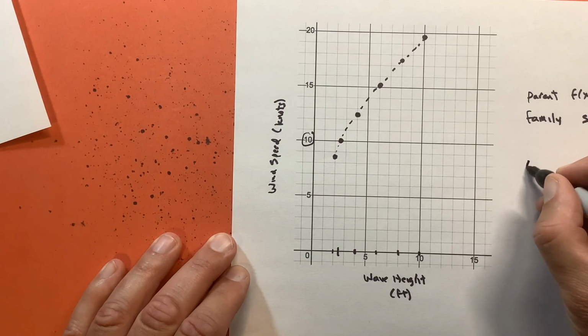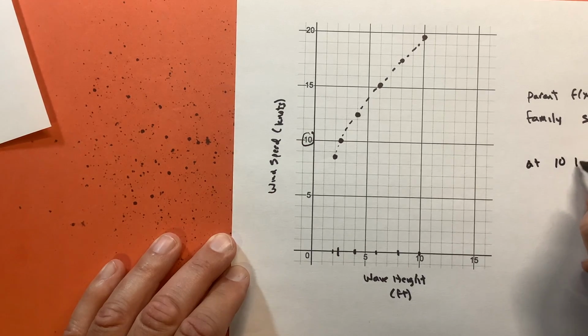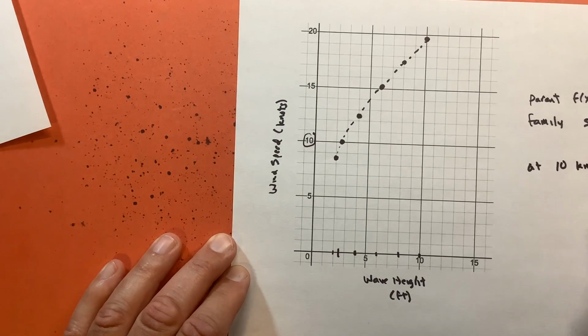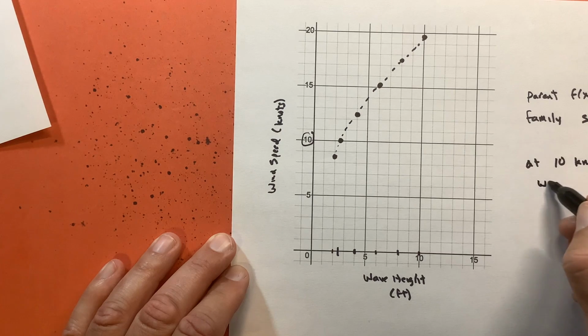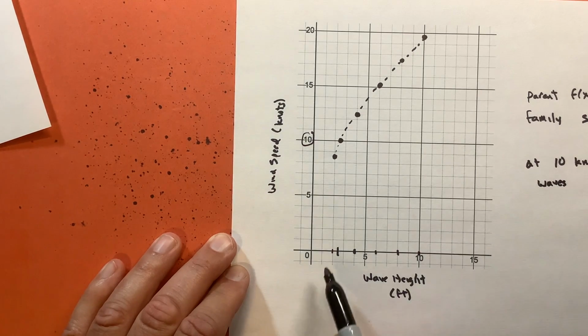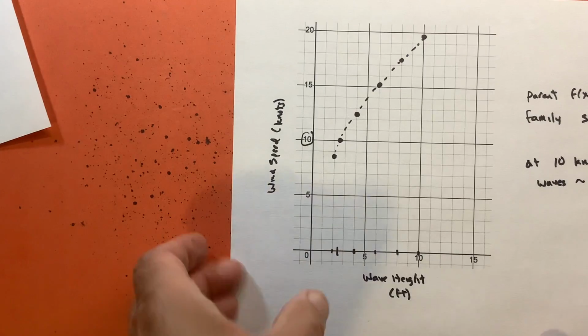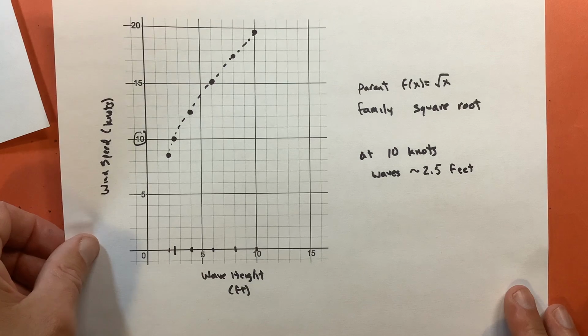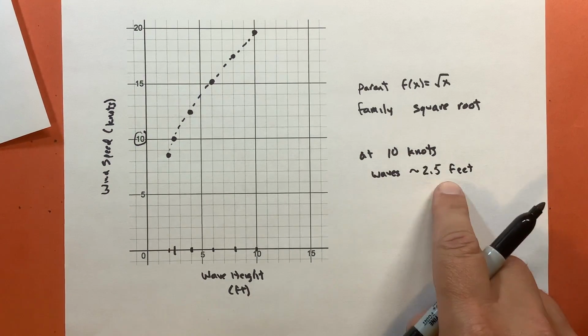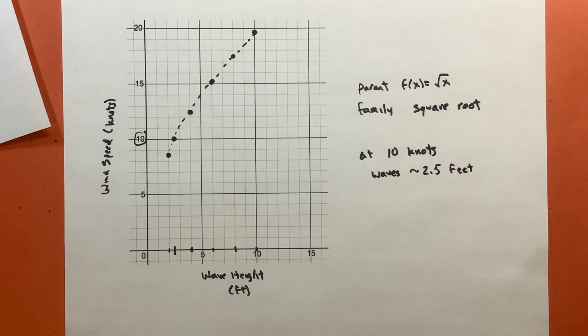So at 10 knots, here's 1 foot, 2 foot, the waves are approximately 2.5 feet. Sorry, I have to move that over. Every now and then I have to look at my iPad. At 10 knots, the waves are approximately 2.5 feet.